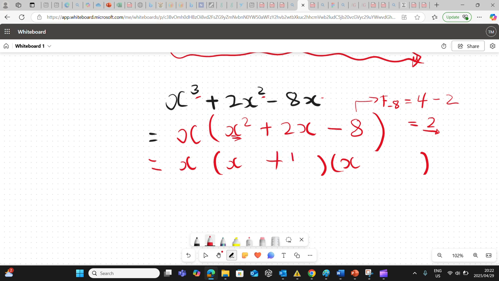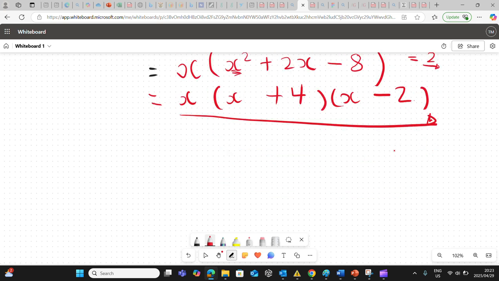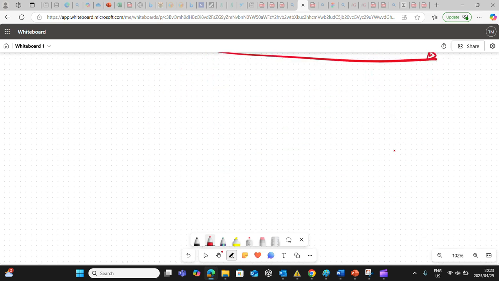So I put a +4 in there and I put a -2 in there. Alright, there we go. So now at this point we've kind of finished the intermediate ones and we've done the easy ones. Let's look at lastly the complex ones.